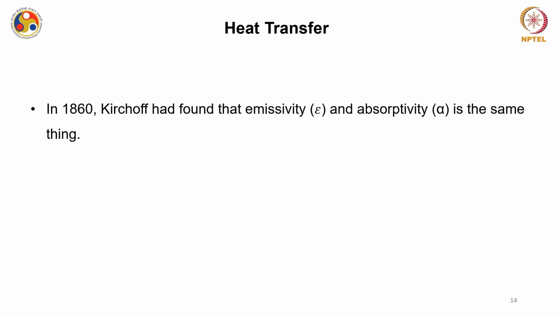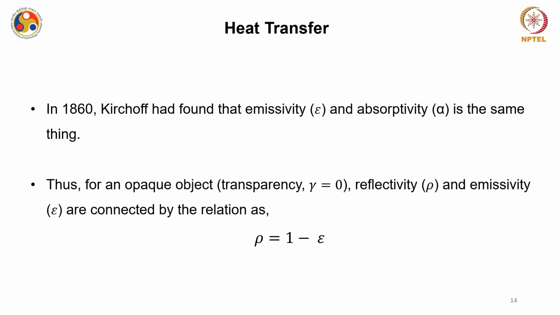In 1860, Kirchhoff found that the emissivity and the absorptivity, alpha, are the same thing. So basically epsilon is equal to alpha. If you talk about an opaque object, which has a transparency almost equal to 0, the reflectivity and emissivity are the only two things that remain, because the gamma value is 0. I am talking about an opaque object.